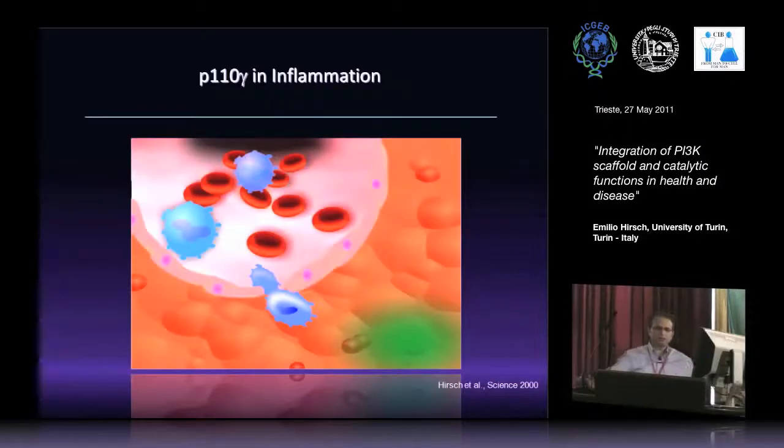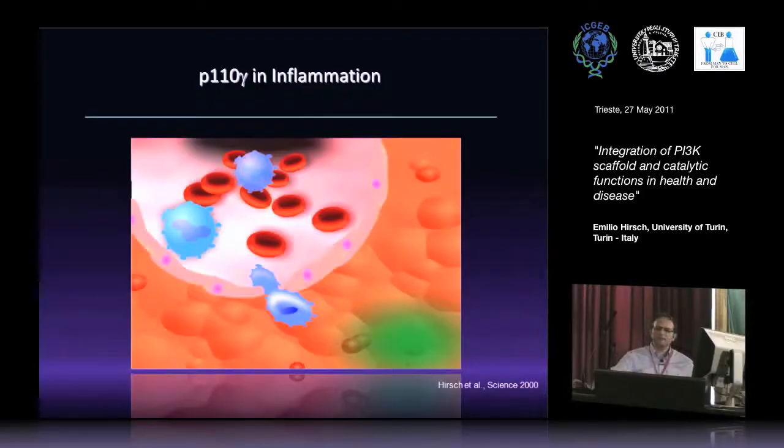Years ago, we actually observed that in mice where this PI3 kinase gamma is either inactivated or mutated to become catalytically inactive, the major phenotype is an immunological one. So basically, while most of the class 1A PI3 kinases are ubiquitously expressed, class 1B PI3 kinase is a little bit more restricted.